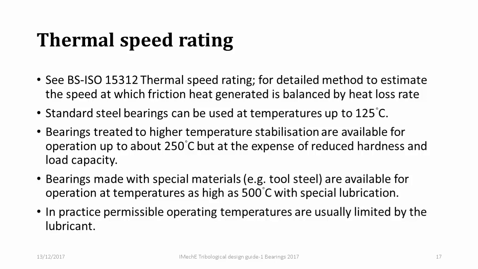Bearings generate heat through the cyclic stressing of the steel, through the rolling contacts, and through disturbance of the lubricant. BS ISO 15312 gives a detailed method to estimate the speed at which friction heat generated is balanced by the heat loss rate.